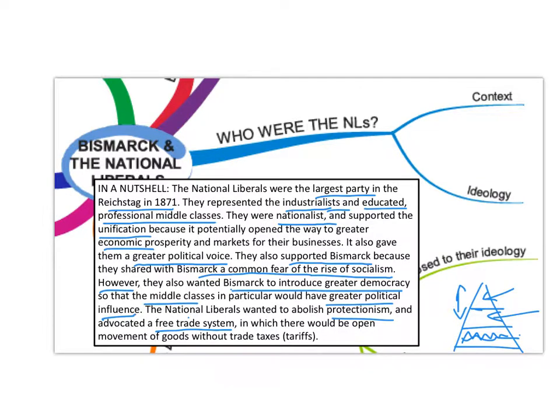So if a businessman wants to move his goods around to sell his goods to different parts of Germany or to other countries, he's got to pay taxes to the government. And the National Liberals in 1871 said, we want open borders, we don't want to have to pay taxes, because that would be good for trade. And certainly in 1871, Bismarck at that particular time very much agreed with them. So that's in a nutshell who they were.